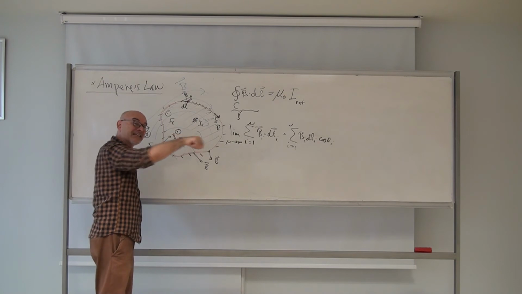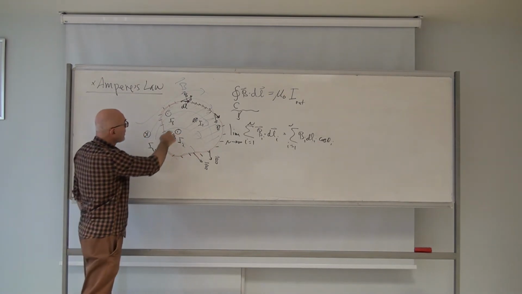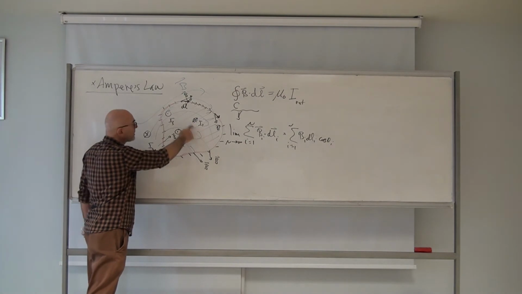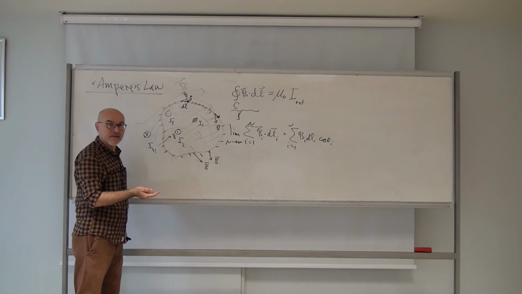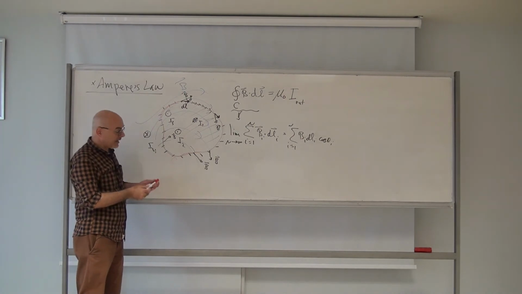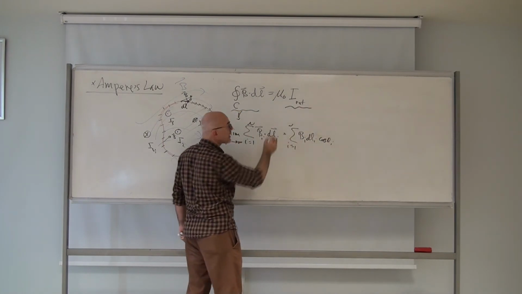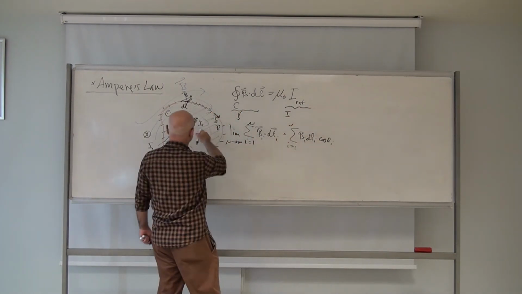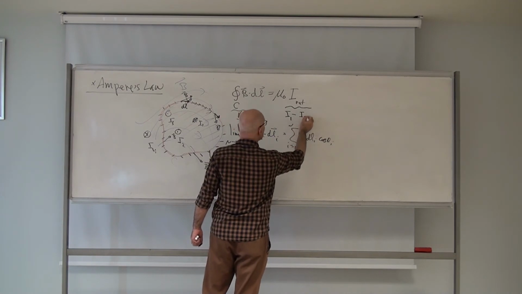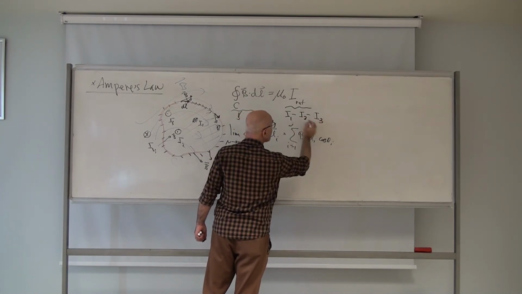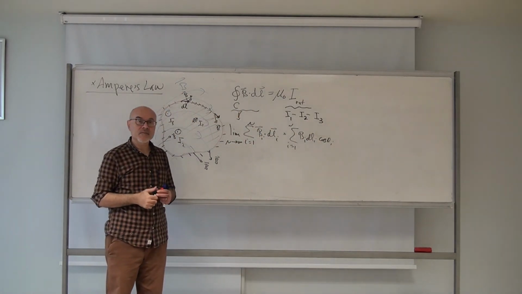My thumb is into the board. Therefore, I1 is positive, I3 and I2 are negative in this case. And therefore, I net in this particular example will be I1 minus I2 minus I3.